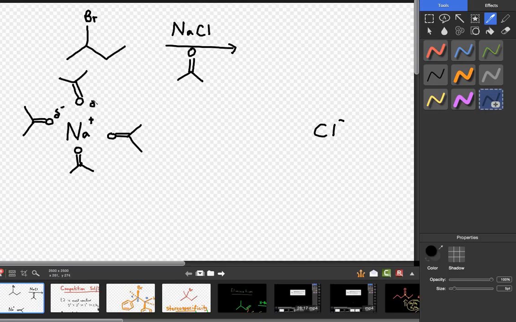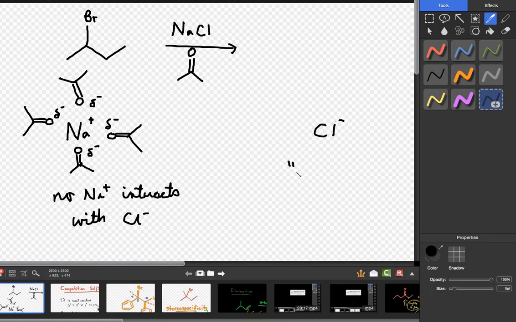All of these oxygen atoms have a partial negative charge. And so no Na+ interacts with Cl-. This means this Cl- is free to act as a nucleophile.